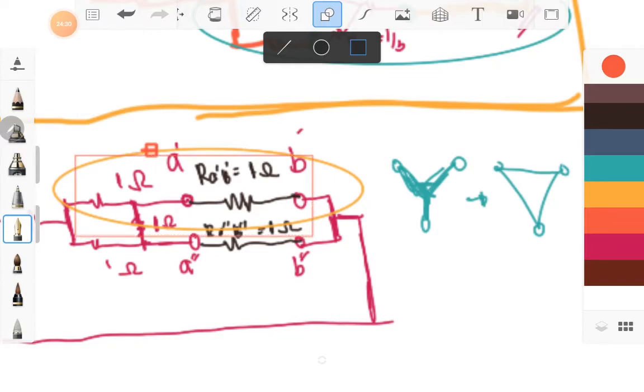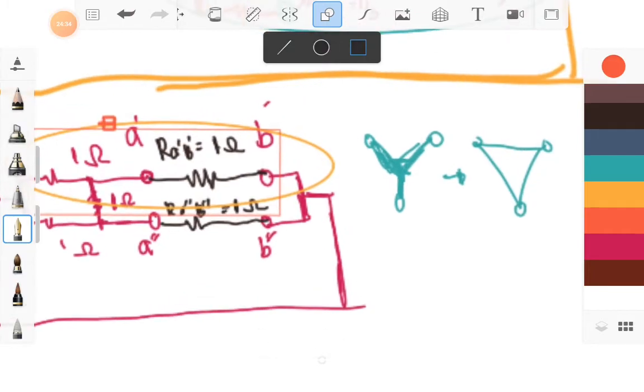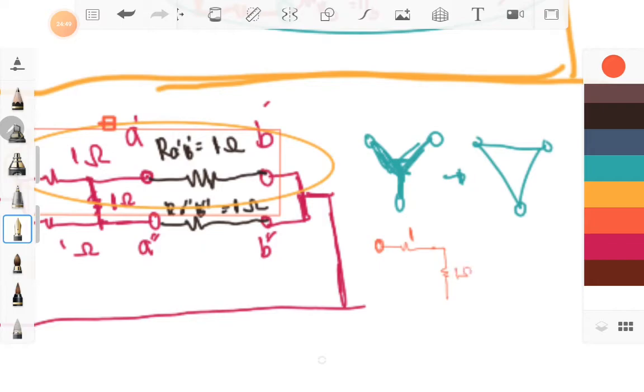Isolating that figure, so we will have our 1 ohm and then our 1 ohm and then another RA prime B prime, which is also equal to 1 ohm.